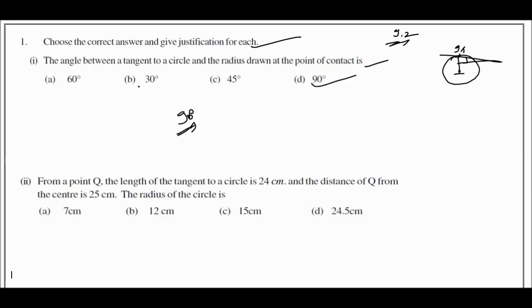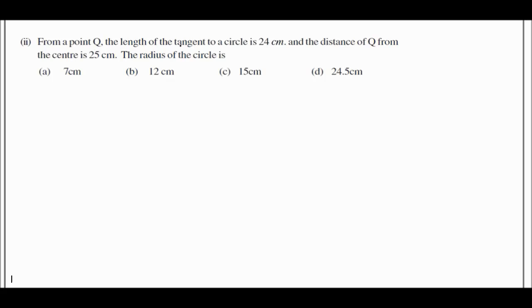Second question: from a point Q, the length of the tangent to a circle is 24 centimeters, and the distance of Q from the center is 25 centimeters. The radius of the circle is how much? He is asking for the radius.